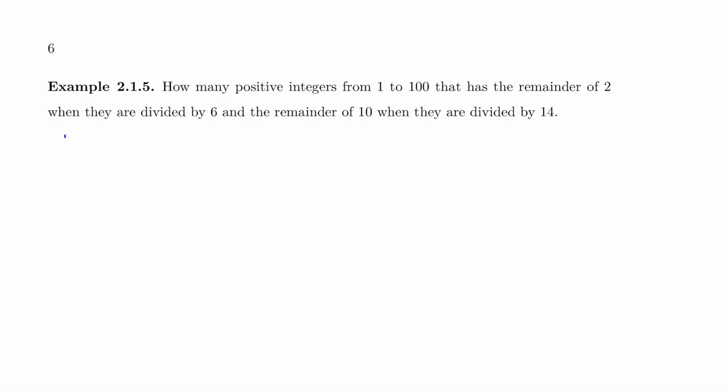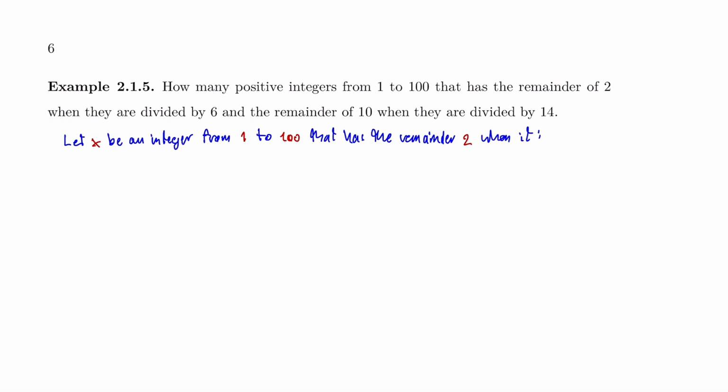Let x be an integer from 1 to 100 that has the first condition, so that it has remainder 2 when divided by 6.